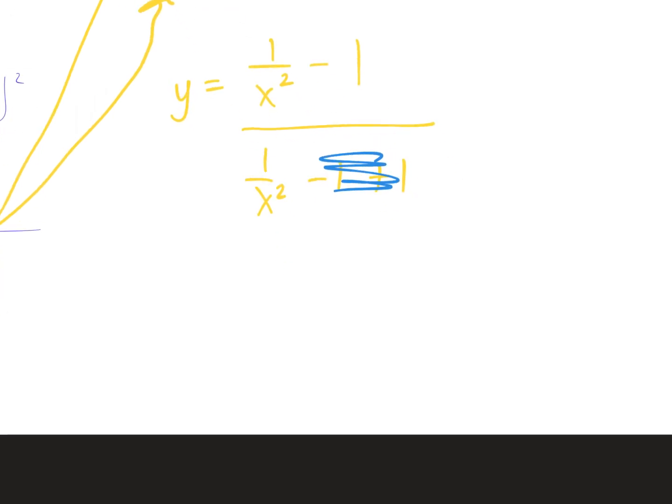You keep the numerator, 1 over x squared minus 1. What do I change division to? Multiplication. And then it's x squared on top. When I flip it, what does it become? X squared over 1.